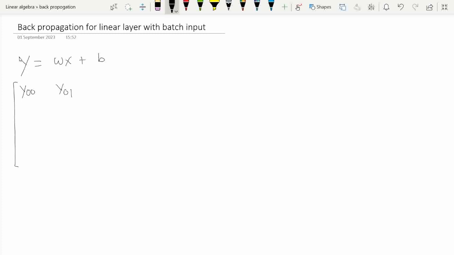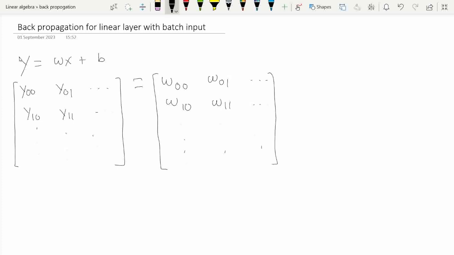Y 0 0, Y 0 1, and so on, Y 1 0, Y 1 1, and so on, is going to be equal to the matrix W 0 0, W 0 1, and so on, W 1 0, W 1 1, and so on, times X, which is a matrix: X 0 0, X 0 1, X 1 0, X 1 1, and so on.